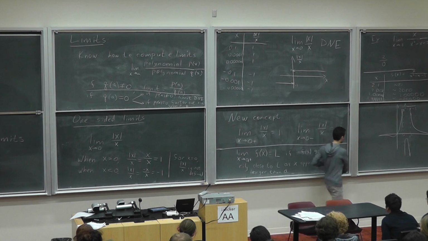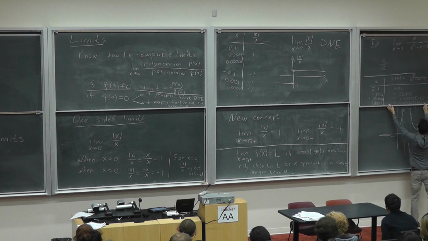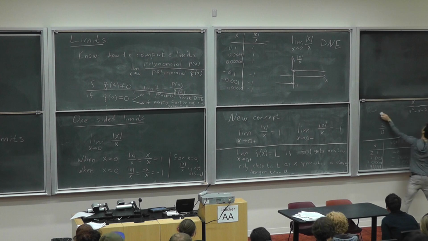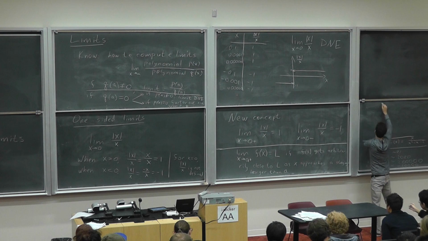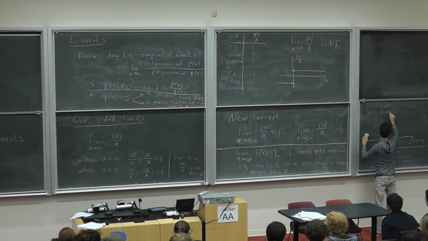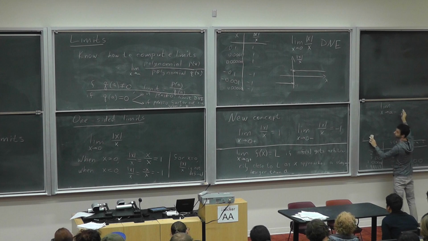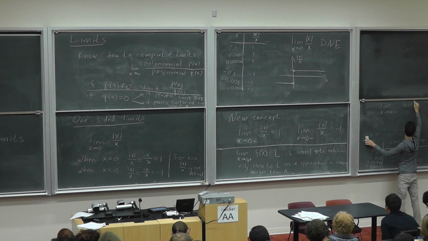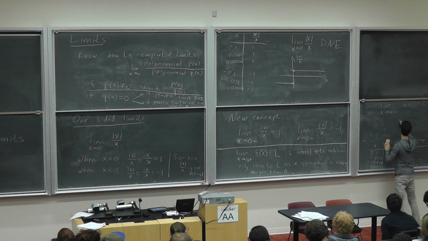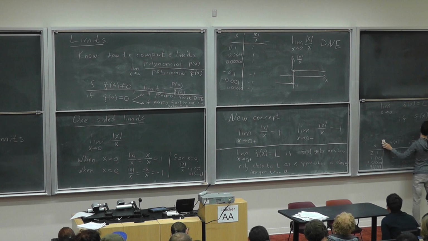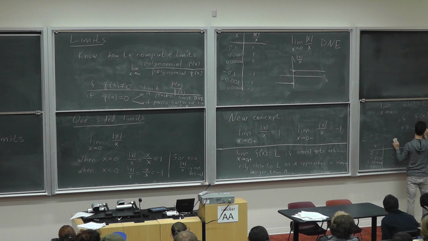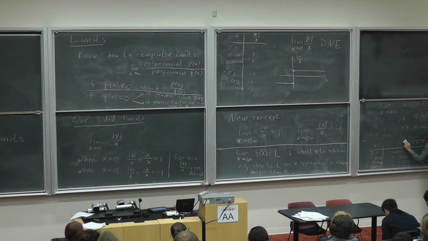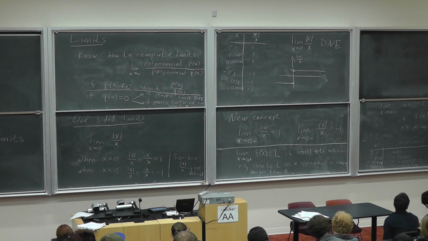And similarly, the limit as x approaches a from the negative side, from the left, of f of x is equal to some number L if f of x approaches L as x approaches a and stays smaller than a.